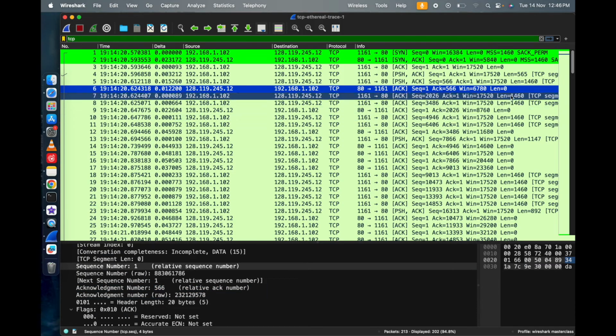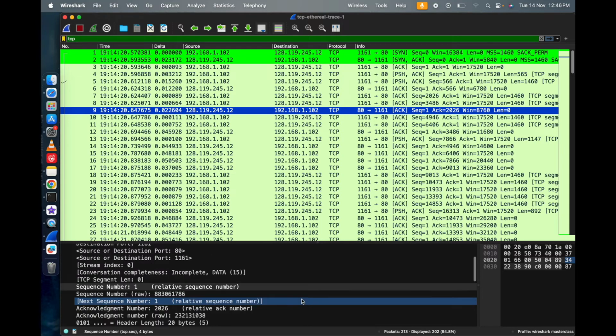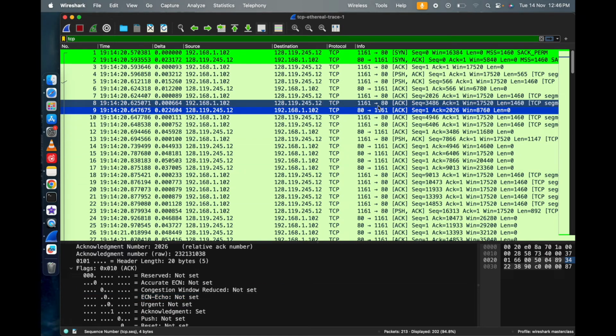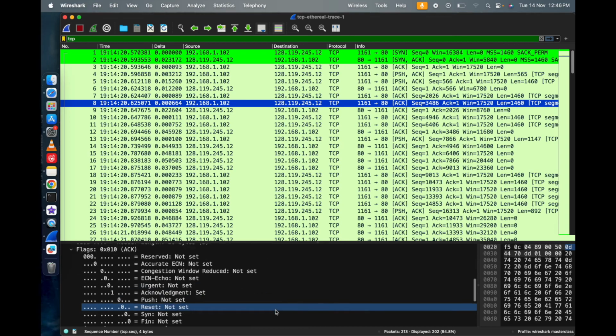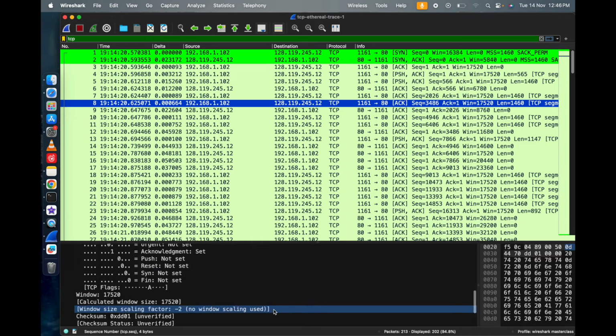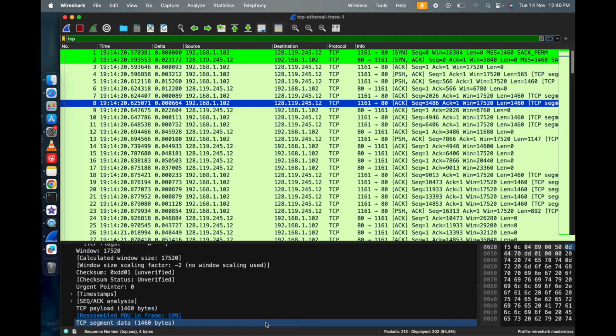similarly the next acknowledgement is 2026. Okay, and again the TCP segment, right? Over here if we just see the TCP segment data.